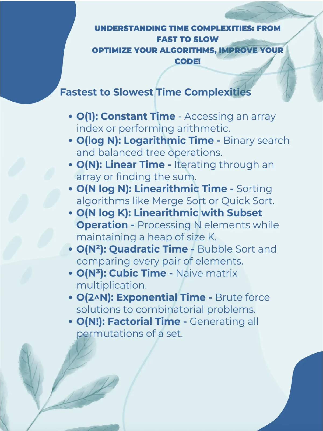Now, O(n log n). This is where things get interesting. Sorting algorithms like merge sort and quicksort operate at this complexity. They combine linear and logarithmic efficiencies, making them ideal for sorting large data sets.